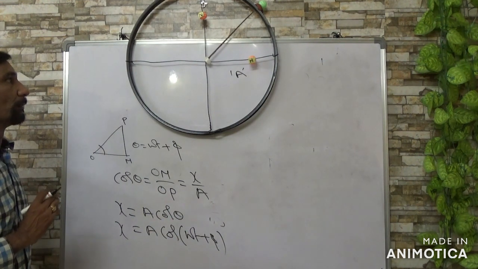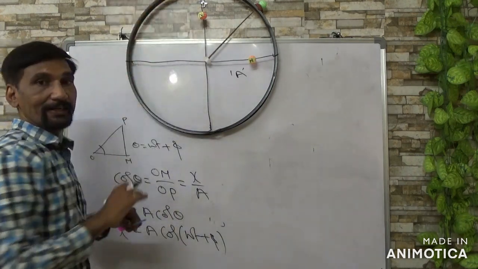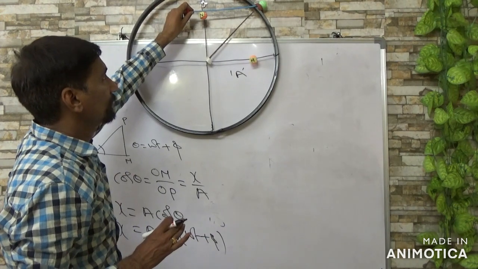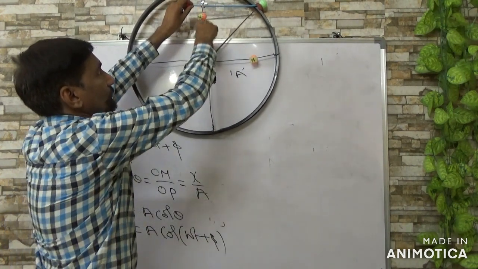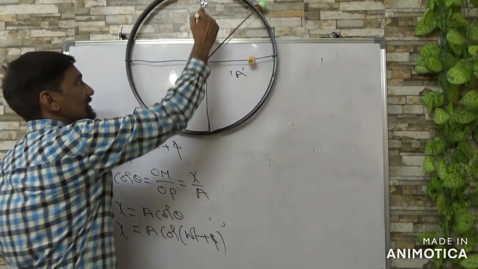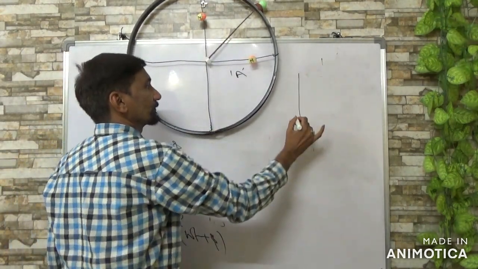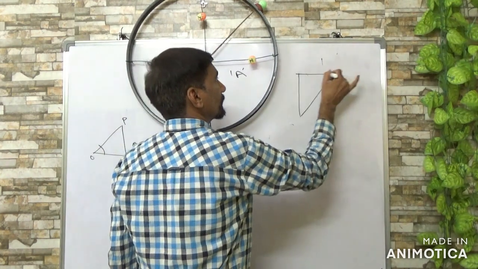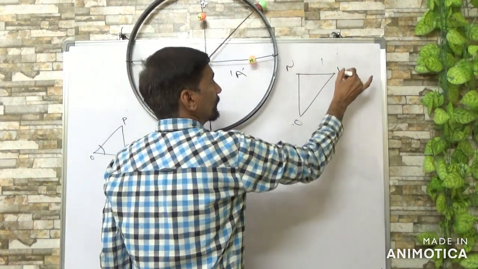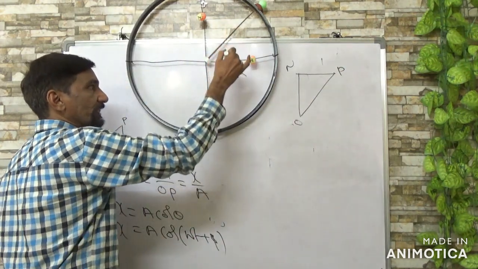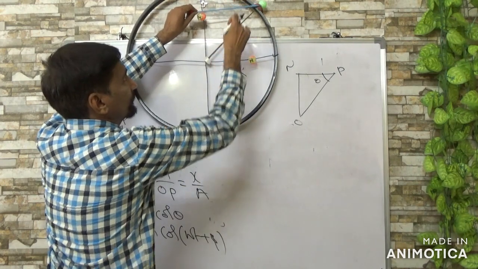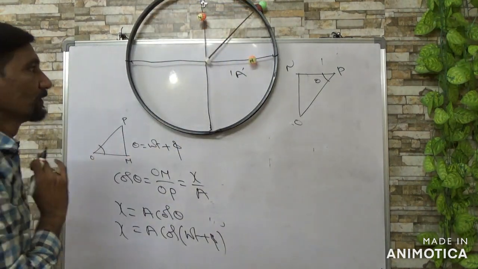Now about the vertical displacement. If you drop another perpendicular, this will give you the vertical displacement. Take it as y. If this is theta, this is also theta, alternate angles.